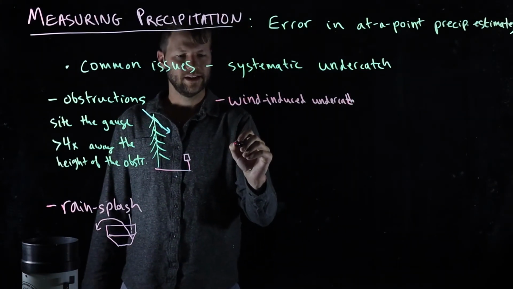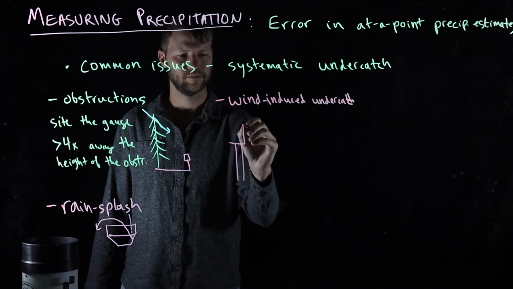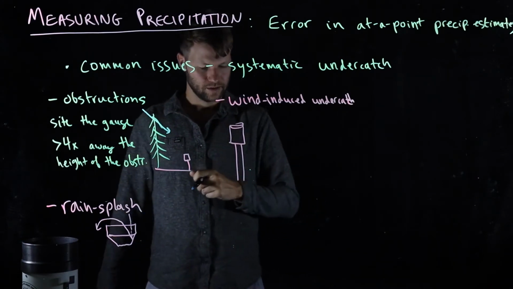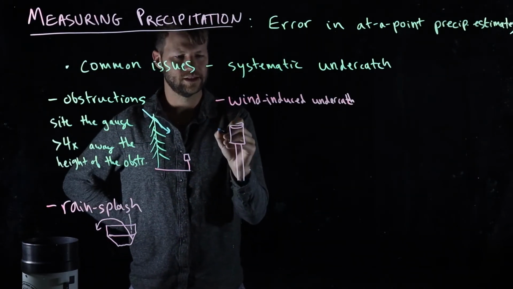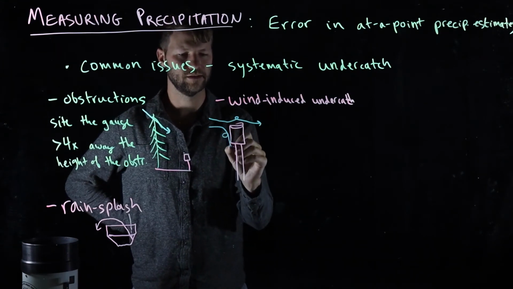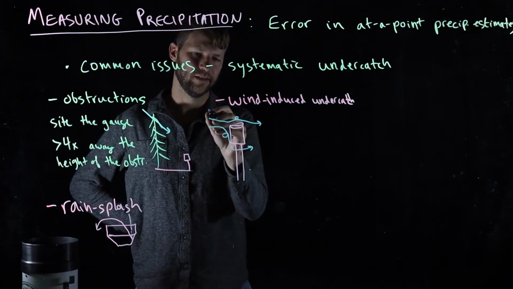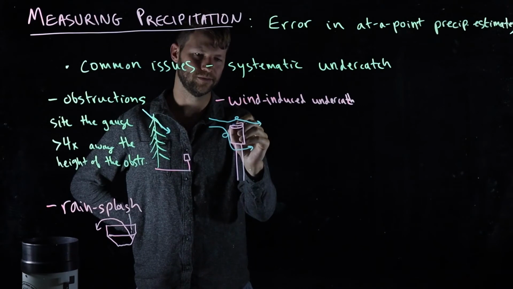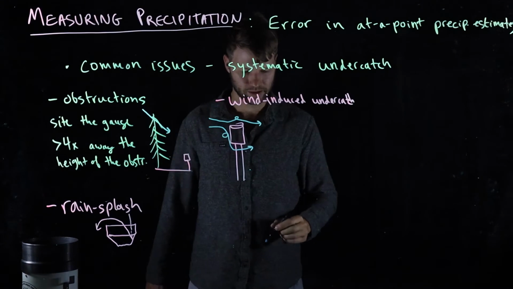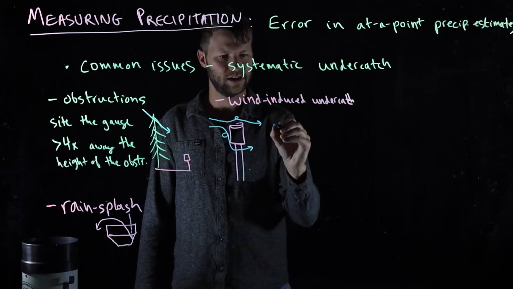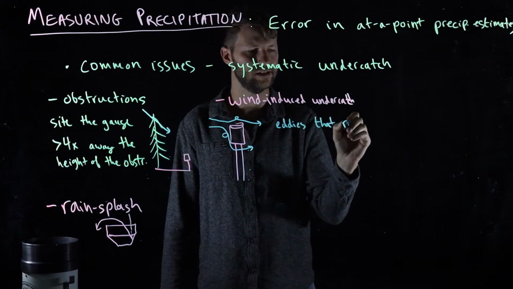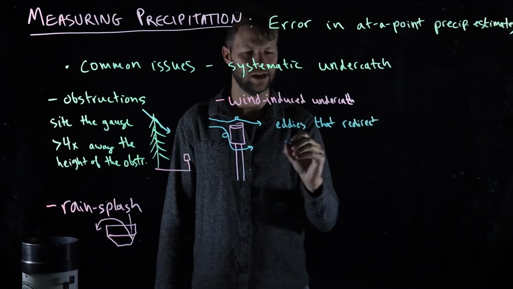And the idea here is that if you have a rain gauge that's up on a pole and it's windy, the wind, as it's moving about the gauge, can result in eddies, little turbulent motions of the air that will advect raindrops that are falling and that should have landed in the gauge out of the gauge, and so they won't be counted. These are known as eddies that redirect drops.